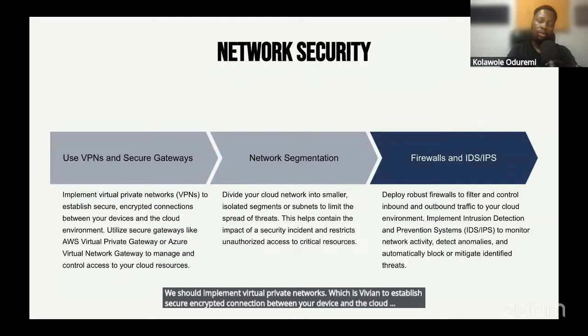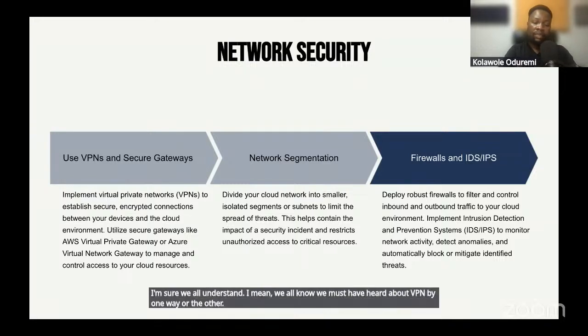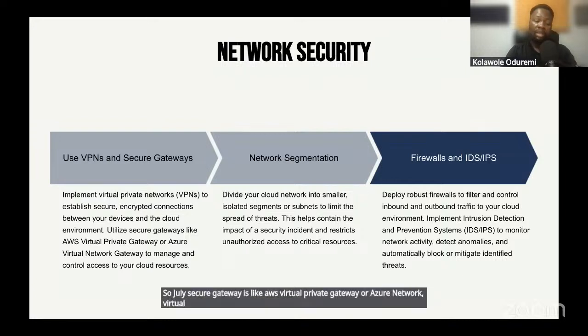I mean, we all know, we must have heard about VPN one way or the other. So utilize secure gateways like AWS Virtual Private Gateway or Azure Virtual Network Gateway to manage and control access to your cloud resources.